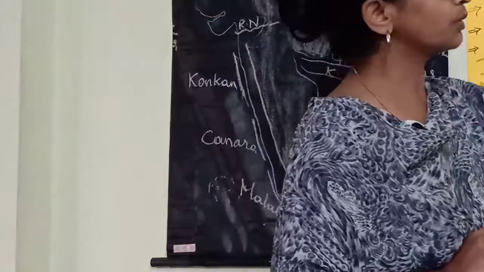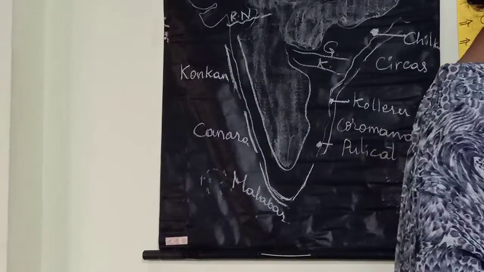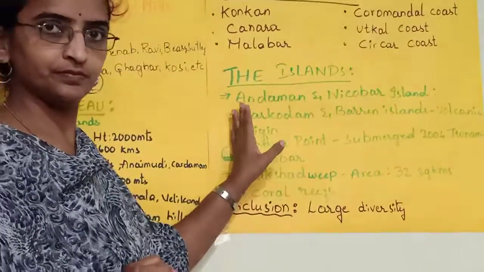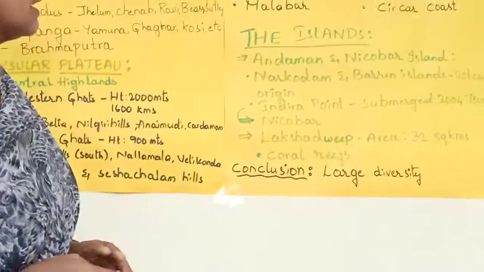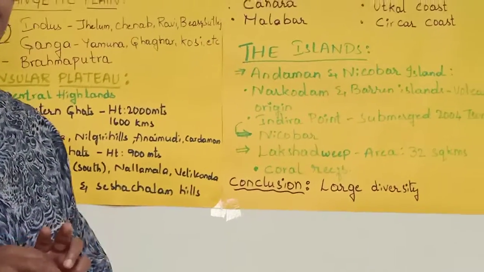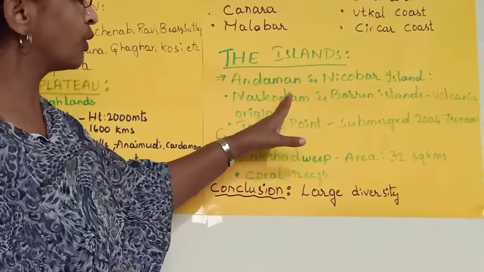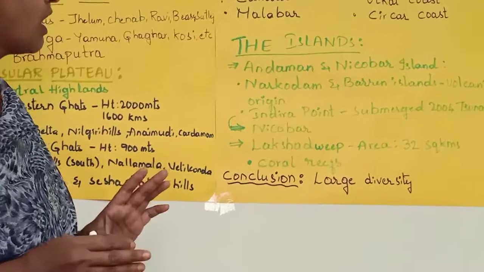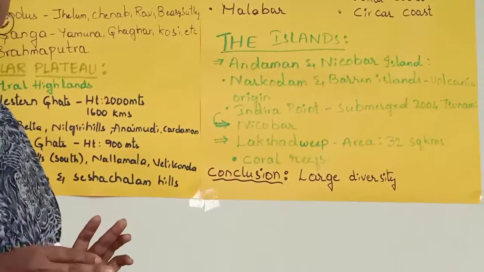Especially in the Andaman and Nicobar Islands, islands like Narkondam and Barren Island have a volcanic origin.